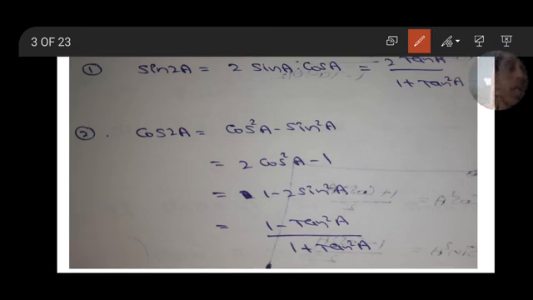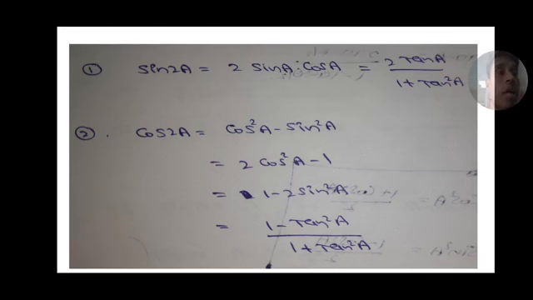Proof is not necessary for us, only the formula. So sin 2A equals 2 sin A cos A, or in terms of tan, 2 tan A by 1 plus tan square A.